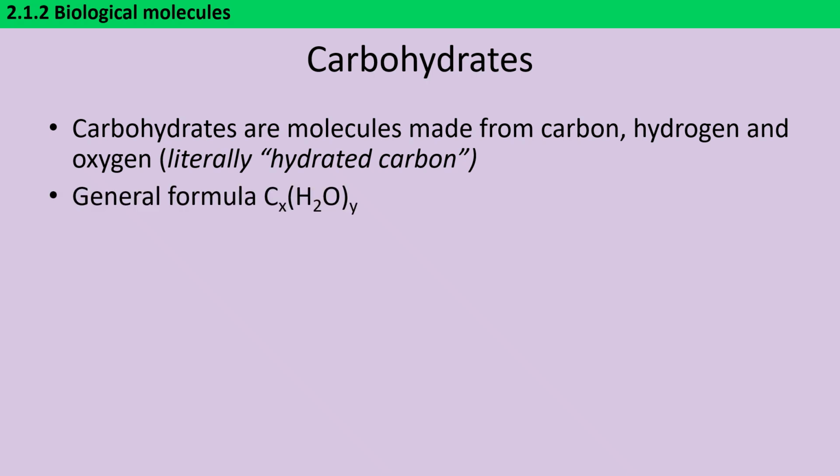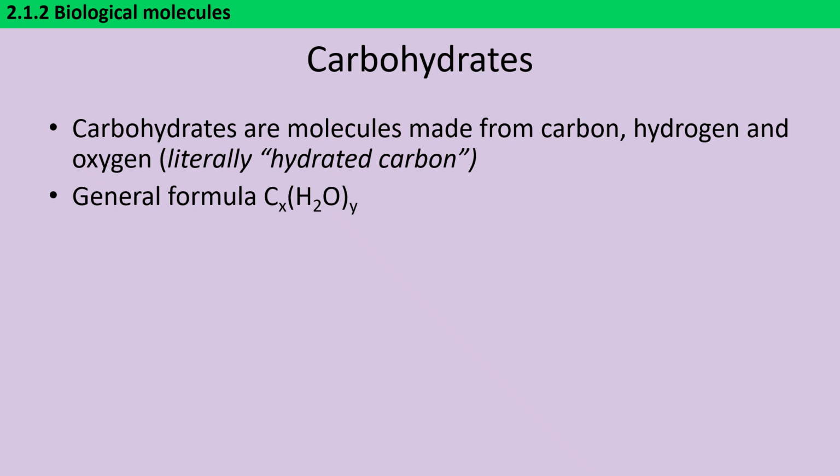So you know from GCSE chemistry that a general formula is basically a molecular ratio that tells you about the different elements that are in a particular class of compounds. So here we can say that the carbohydrates have a general formula of CxH2yOy. X and Y can sometimes be the same number as each other, but they can also be 2 different numbers.